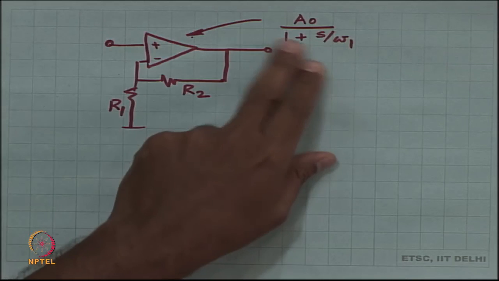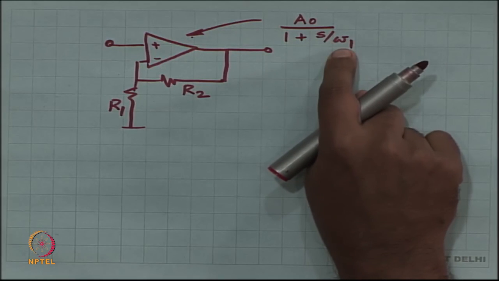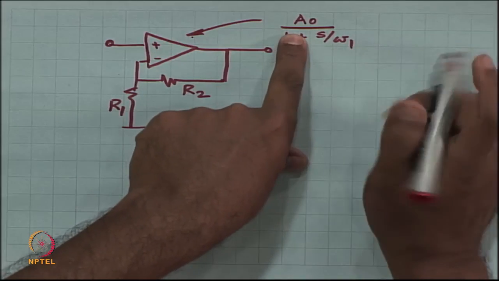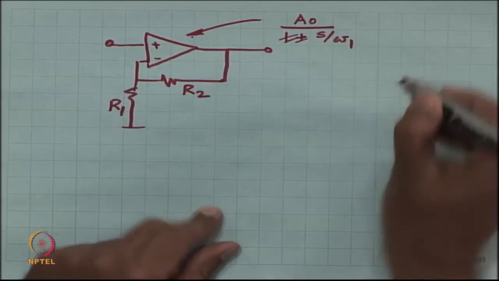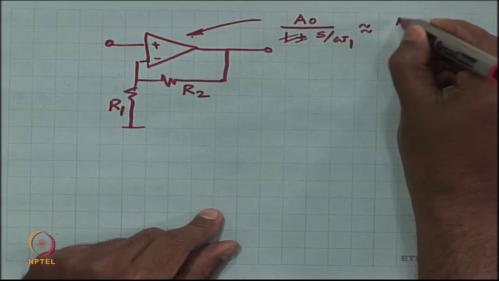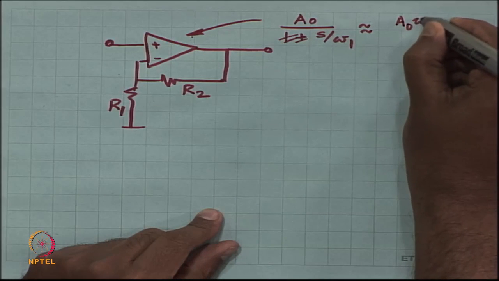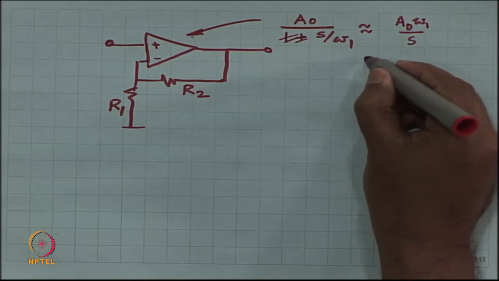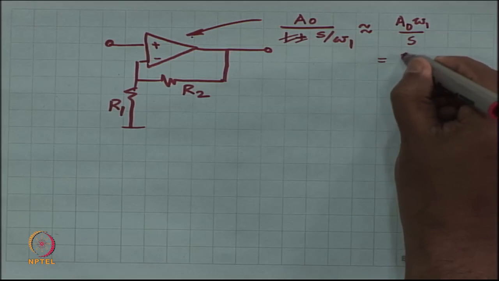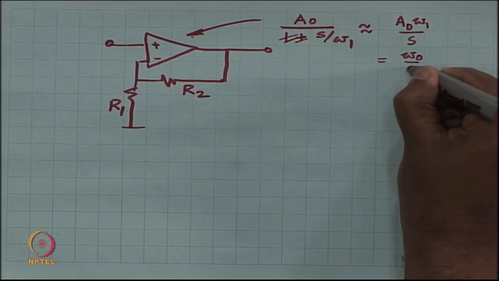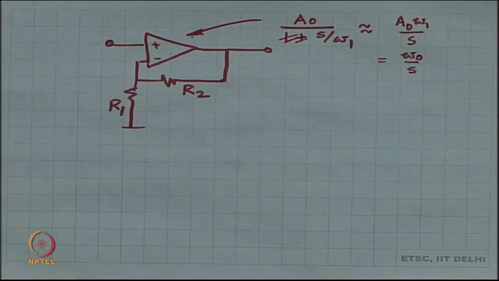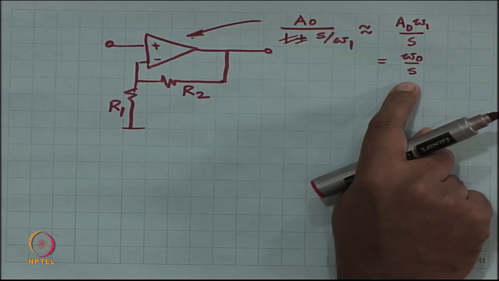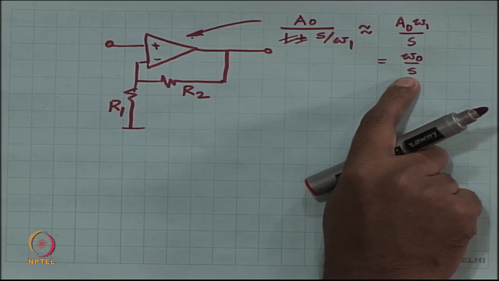It is also possible to say that omega 1 is such a small frequency that this 1 makes no difference. This could also be approximated as A naught omega 1 by S, which means that this could be approximated as omega naught by S. So, the whole op amp could be approximated as omega naught by S.